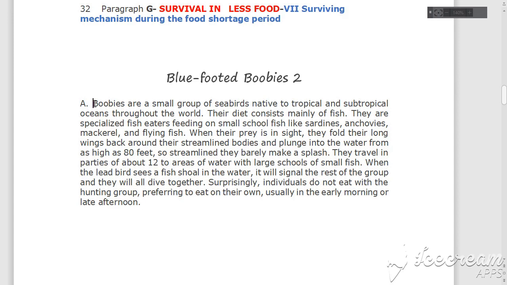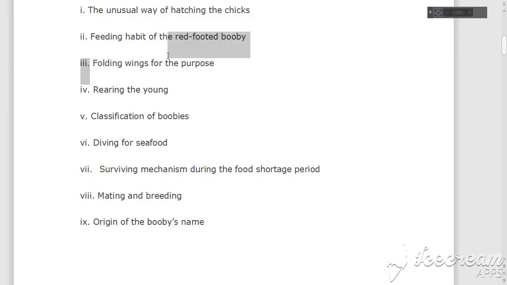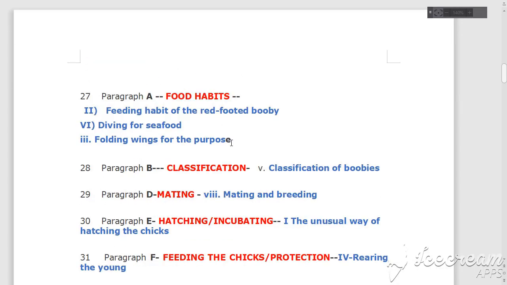Let's read it again. So they fold their wings. So it is also mentioned in the list of headings. So let's check. Yes, folding wings for the purpose. So this can be our option as well. So we write it here again. Folding wings. So now we have three, and we need to choose one.